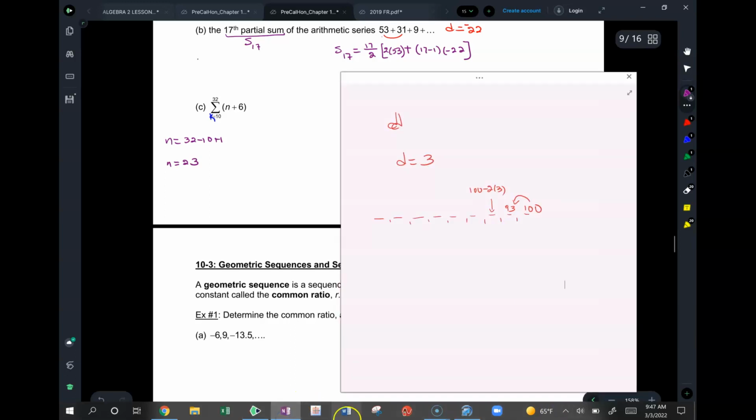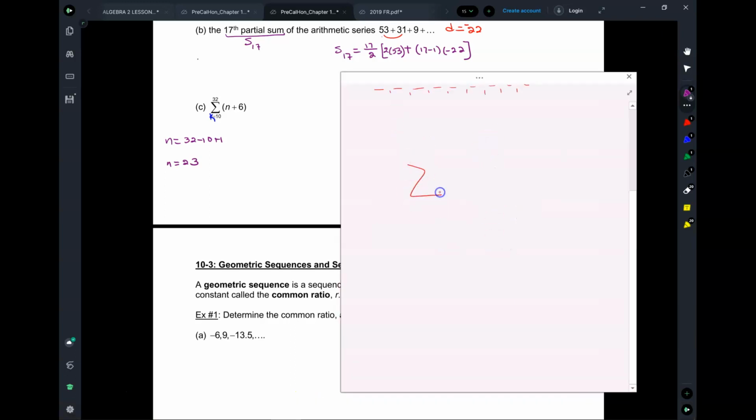Suppose you have sigma, k equals 3 to, I don't know, 7. From 3 to 7, there are 4 elements, but this is saying it's 3 inclusive. So it's the third one, 4th, 5th, 6th, 7th. So it's one more, 5, not just 4. So you subtract and then add 1.